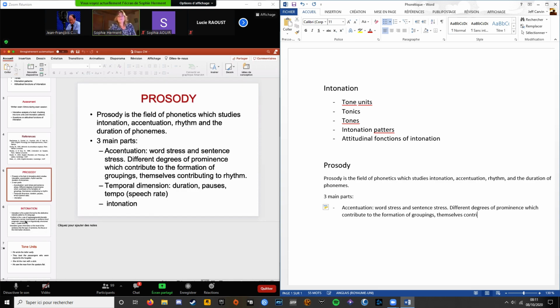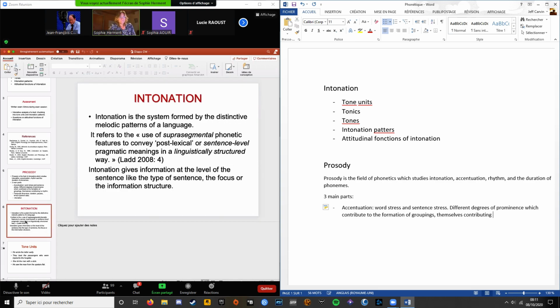So intonation then, as I said, it's one of the 3 parts of prosody. Well, in fact, in prosody, you can add a 4th one, which I'm not doing here. It's voice quality. So intonation is really the system formed by the distinctive melodic patterns of a language.